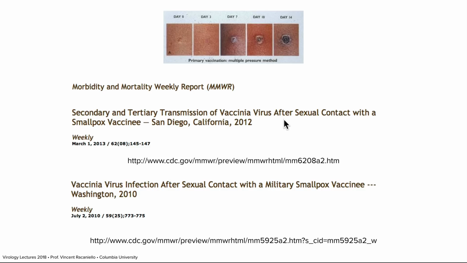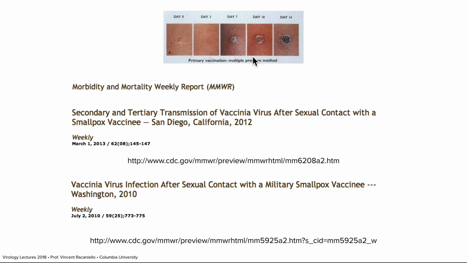So when you receive this vaccine, you are told to not engage in close contact with anyone. And in fact, to keep the Band-Aid on the site of immunization for some time. But in these two cases, the individuals did not heed the advice. They had sexual contact shortly after immunization, and they spread the virus infection to their partners.